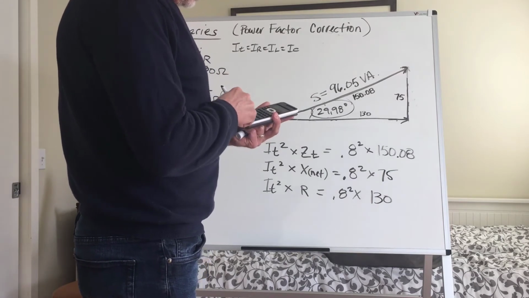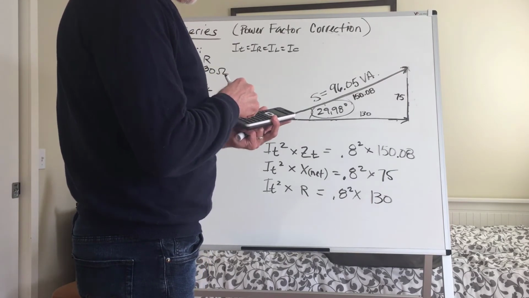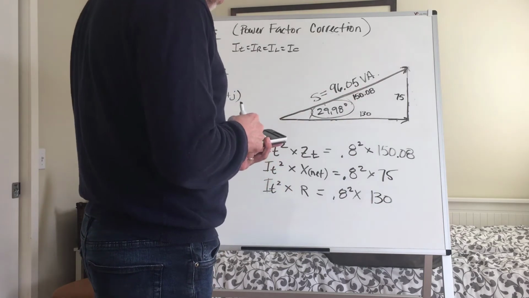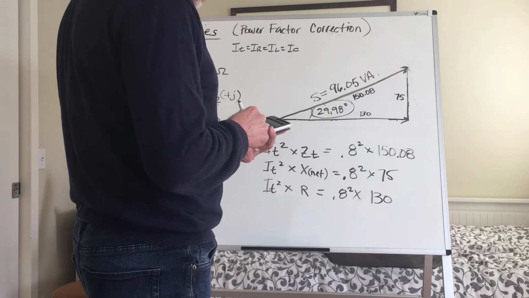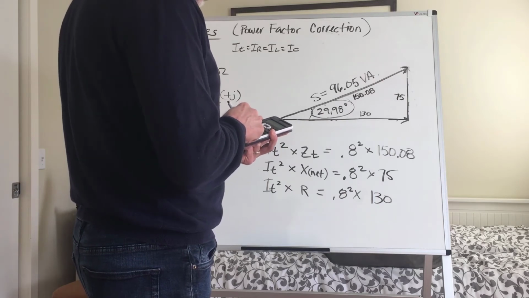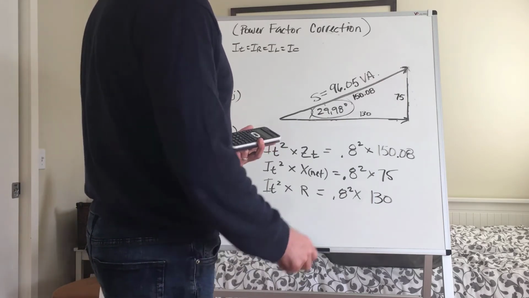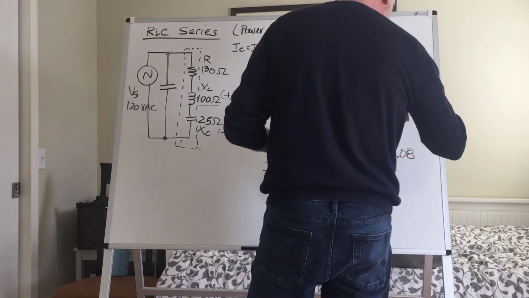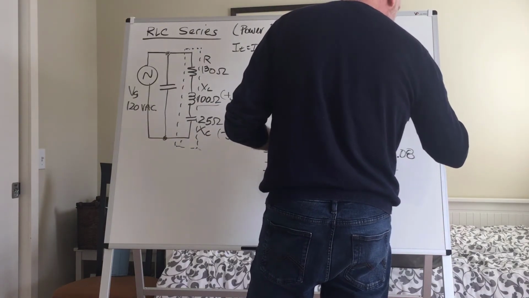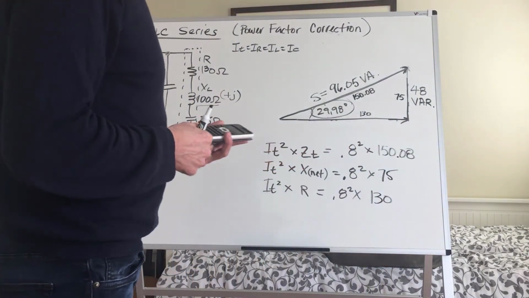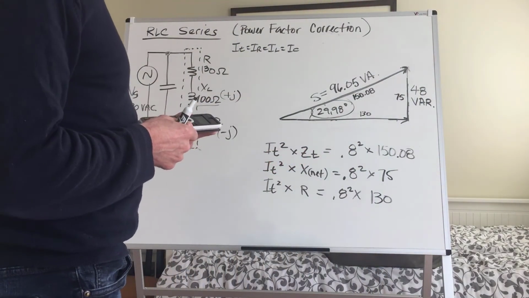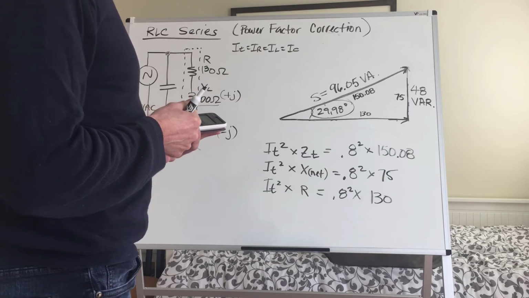Now, what we're going to do is get our value of QL net. QL net is going to be 0.8 squared times 75, giving us 48 var.